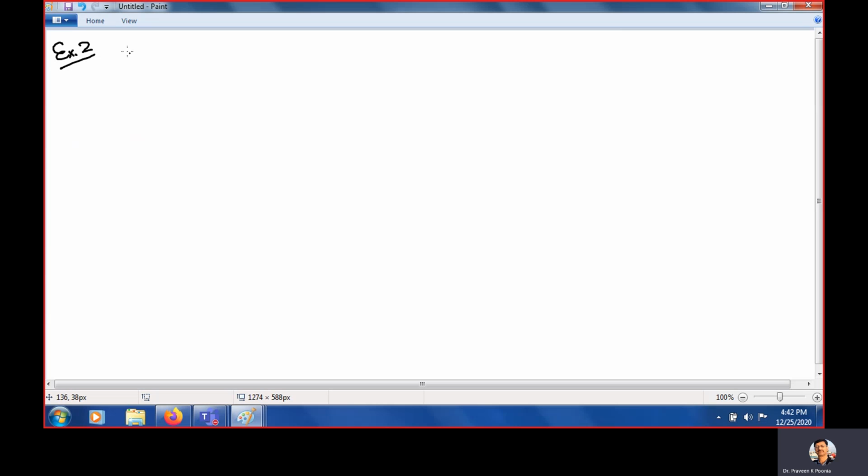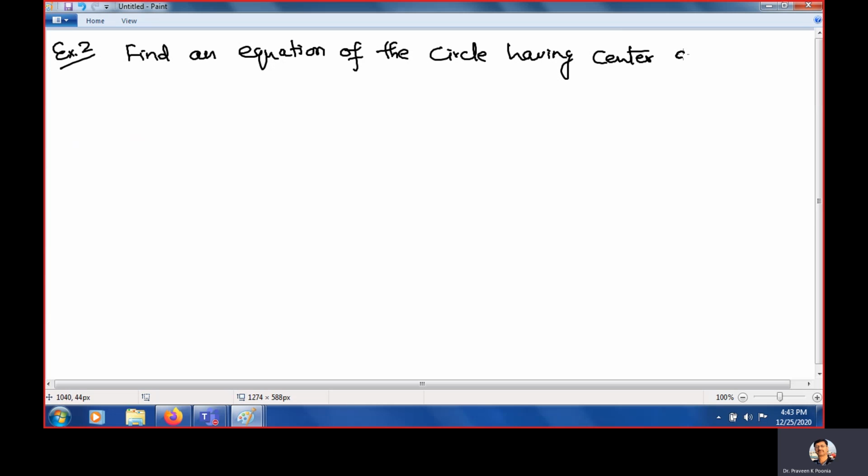Example number 2. Find an equation of the circle having center at -2, 7 and radius square root 3.